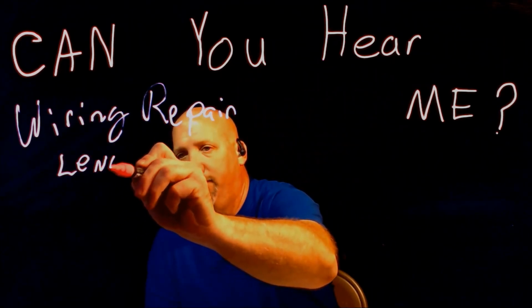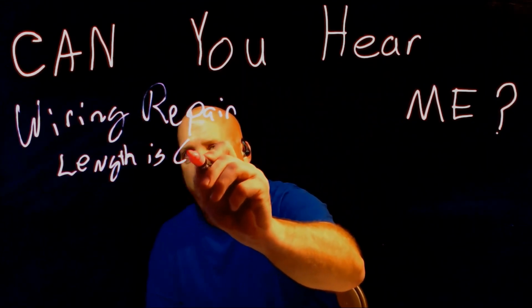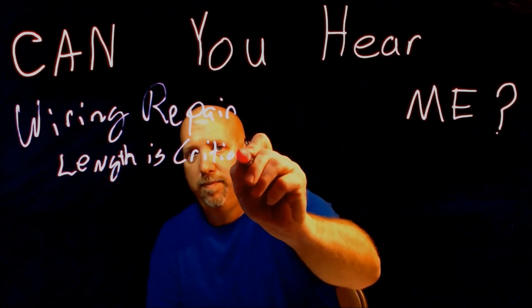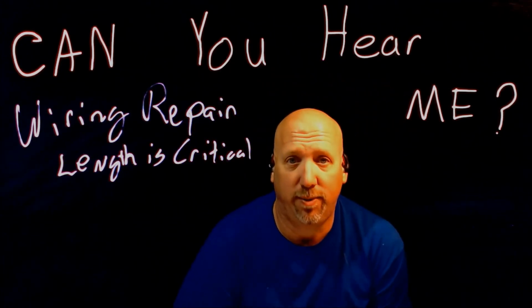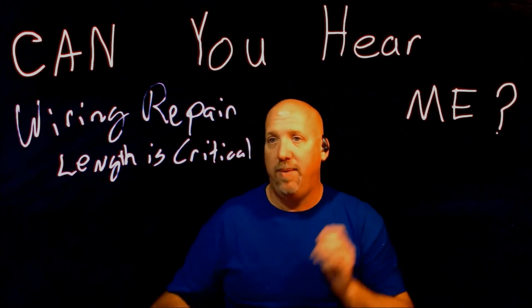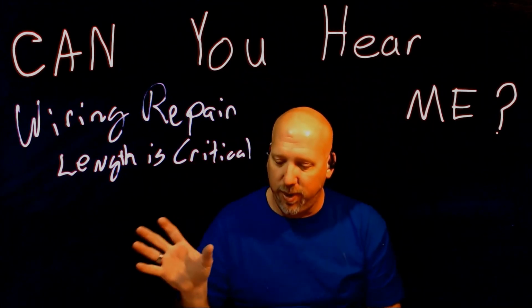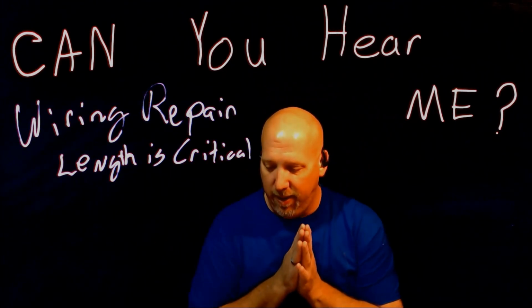First thing. Your length is critical. The wire length is critical there. Network wire, the length is so critical. Try to get as close to the original wire length as you possibly can.